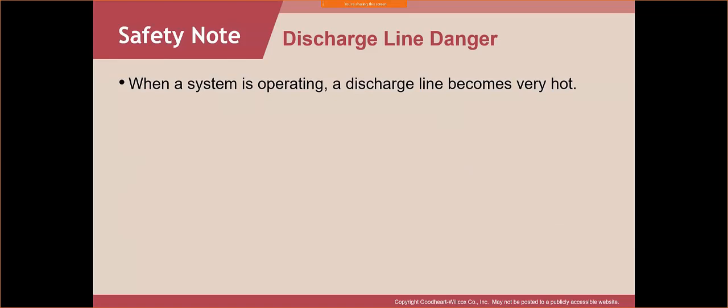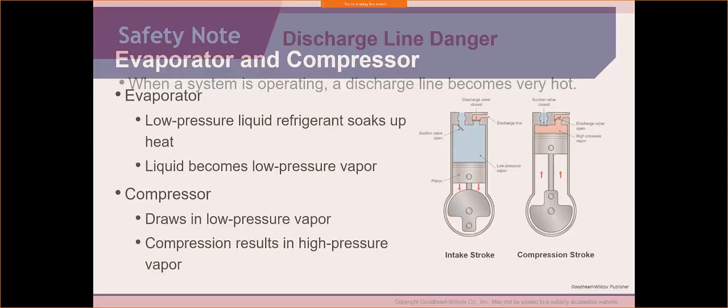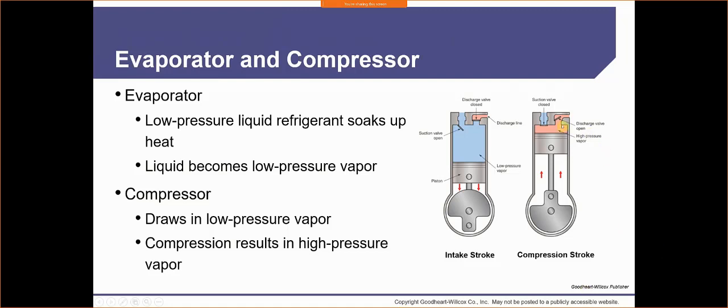When a system is operating, the discharge line becomes very hot. All right. Why is that? Well, if we go back to the previous slide, I've got friction and energy from this motion of the piston. As it goes upwards, the friction, the energy creates heat.